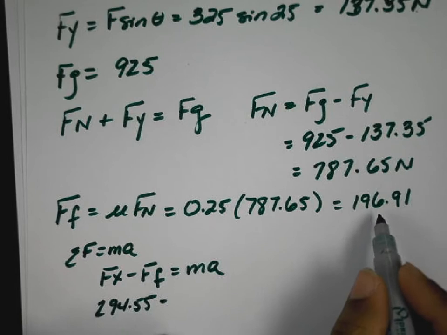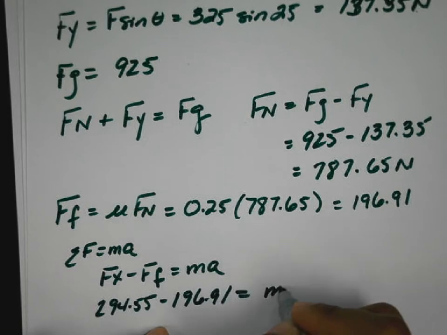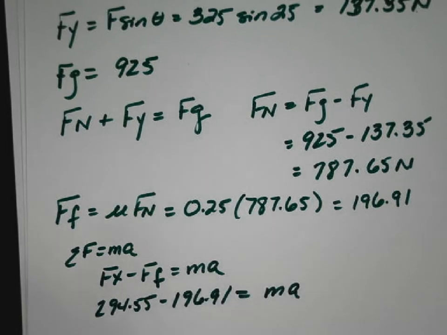Force of friction, which we got, is 196.91. And that's equal to mass times acceleration. We subtract those out, and I get 97.64 is equal to MA.